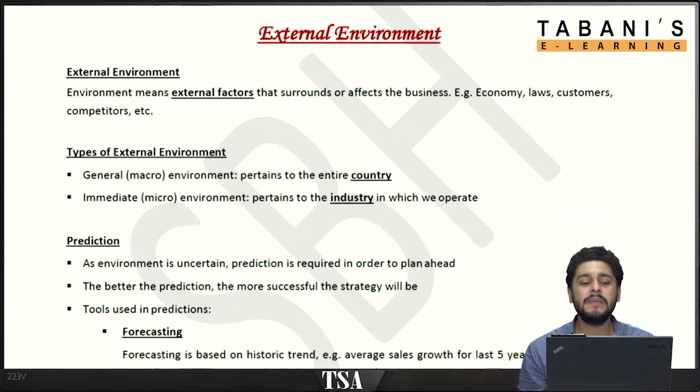The second part is the immediate micro environment that pertains to the industry in which we operate. For example, if I'm about to enter the steel industry, I will look at the steel industry's overall environment. If I'm about to enter the food industry, I'll look at the overall food industry operating in Pakistan.